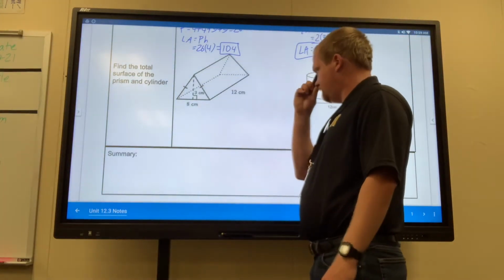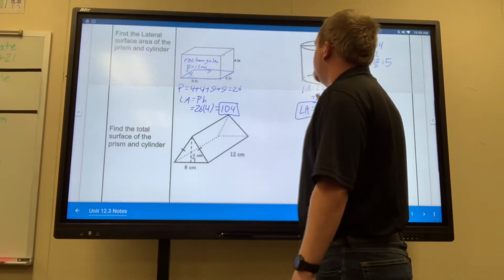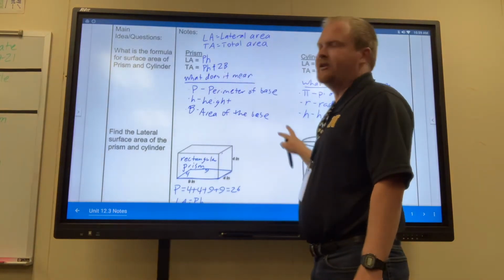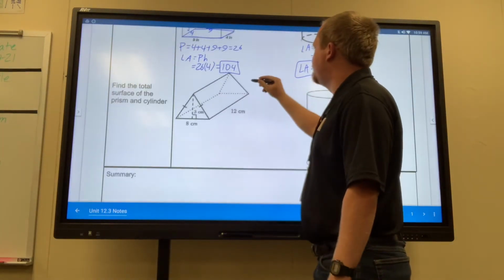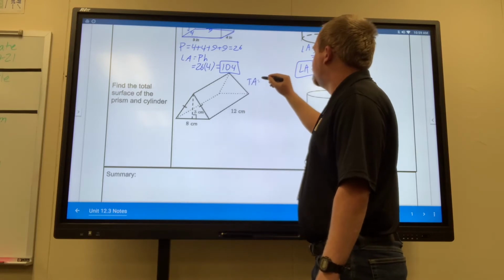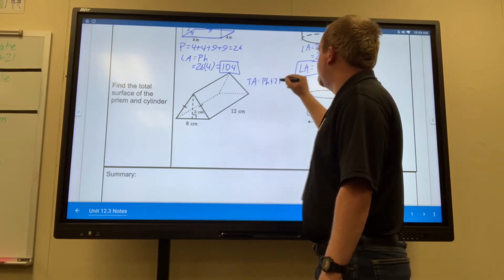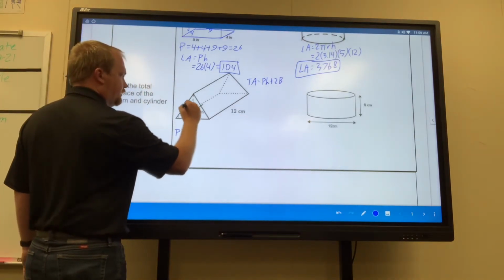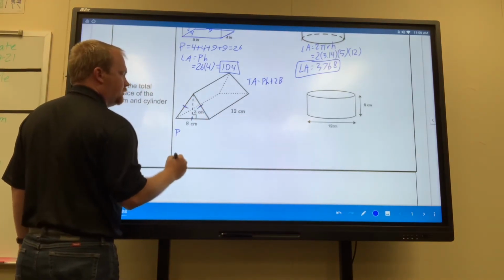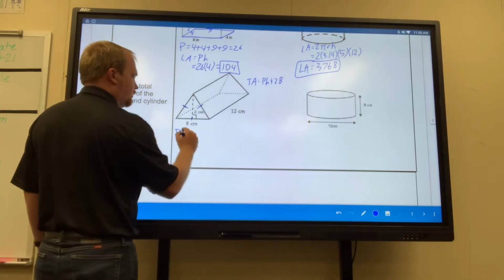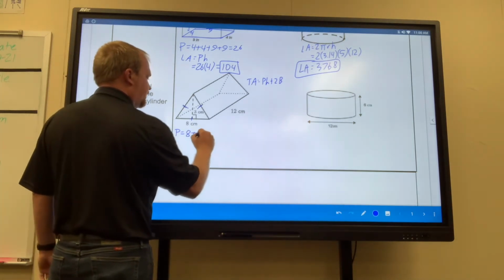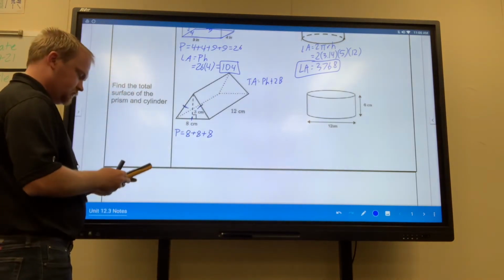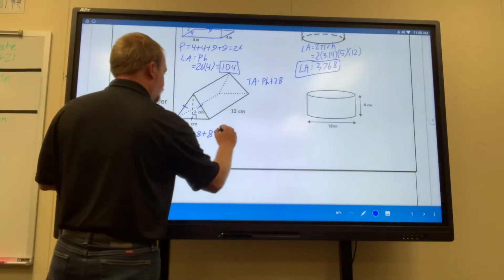Now, just to recall, PH plus 2B is the total surface area. So I've got to figure out my perimeter. Luckily, they're all the same, at least we're going to say that. So 8 plus 8 plus 8 is going to give me 24.